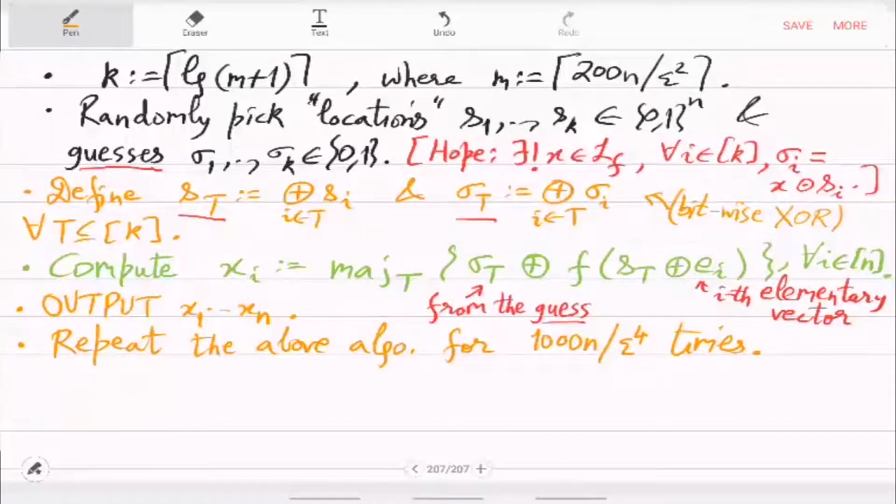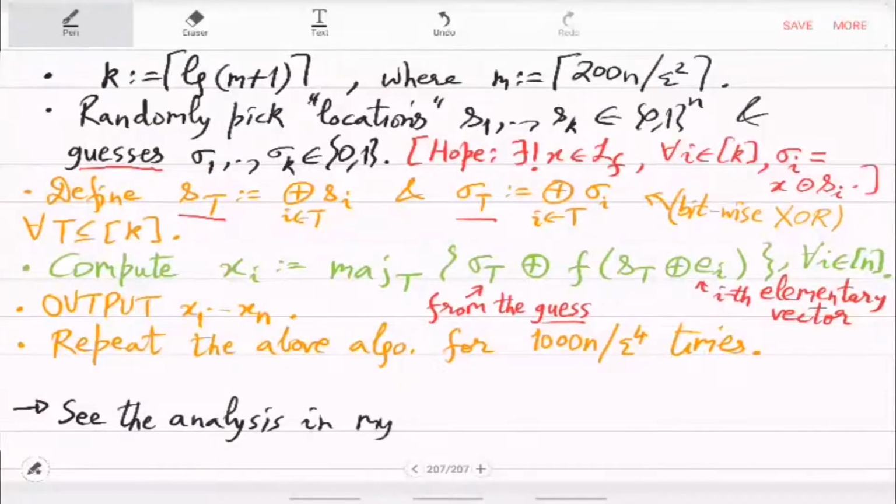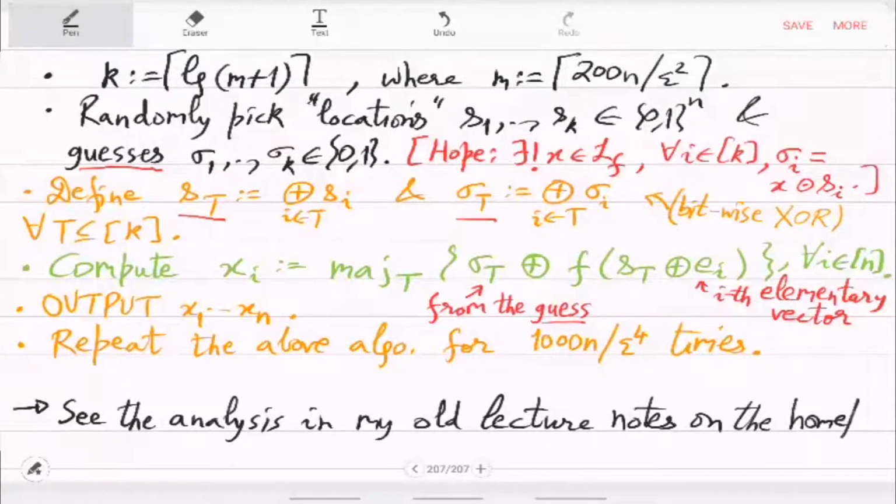But if you want to see the analysis, it is in my old lecture notes on the home page, or you can see it in the textbook.